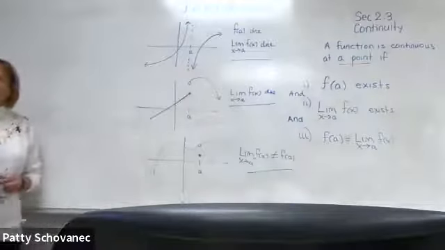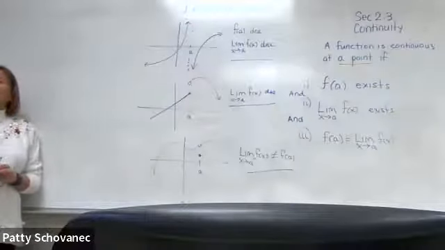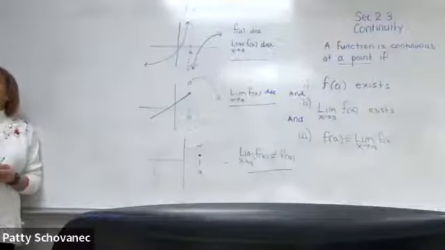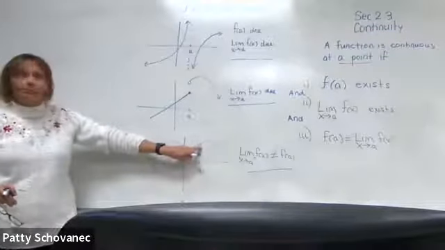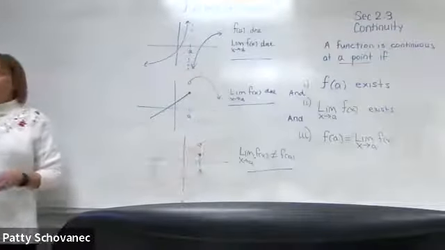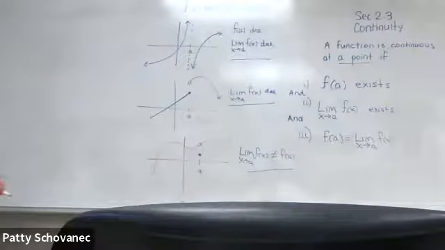A hole occurs typically if you have a function and you take the limit and you get 0 over 0, but you're able to do some sort of algebra to eventually get a limit. That means we've got some sort of hole right there. And whether or not there's a point doesn't matter.